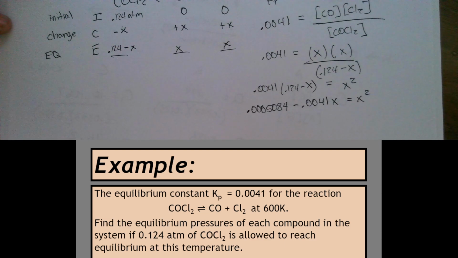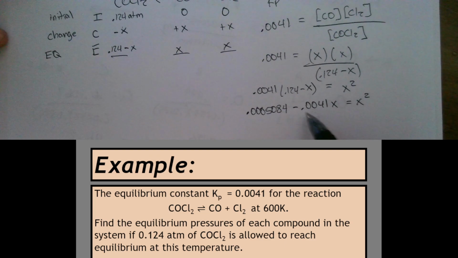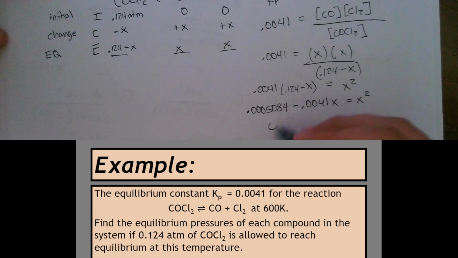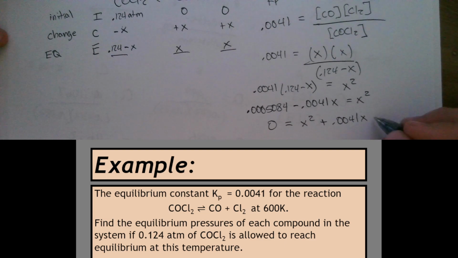Okay. This is looking like a quadratic. I'm going to get all the numbers on one side, set it equal to 0. So I'm just going to add the numbers over here to the right to make more of them positive. 0 equals x squared plus 0.0041x minus 0.005084.